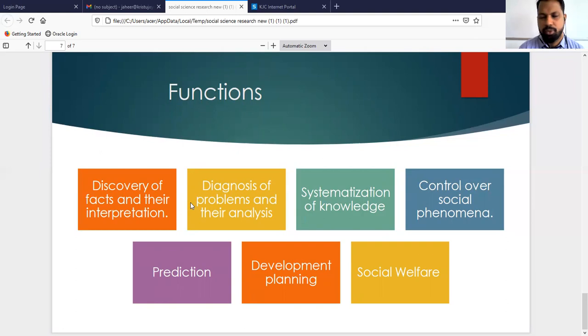Based on understanding the current situation, the researchers will provide recommendations, and based on them the government will implement new policies and programs for the development of that group. So development planning is one of the major functions of social science research. Earlier in India also, we followed the planning methodology, and most programs were implemented on the basis of this kind of research.